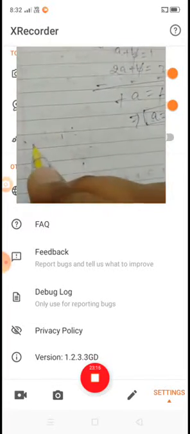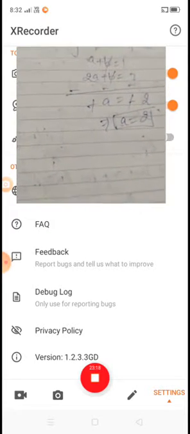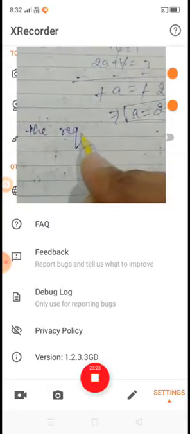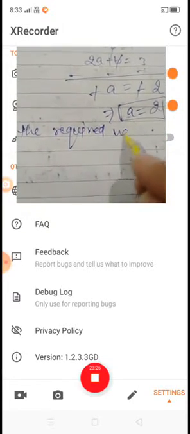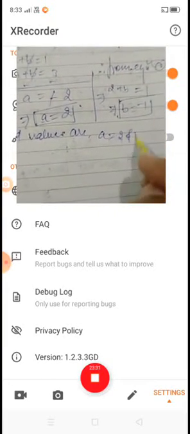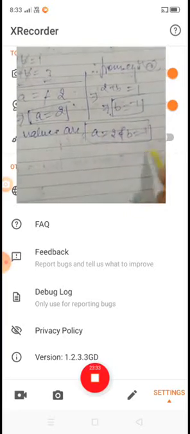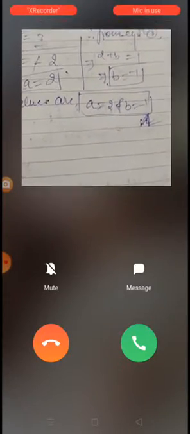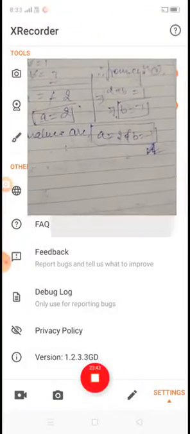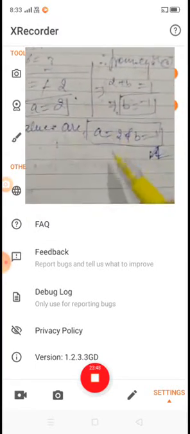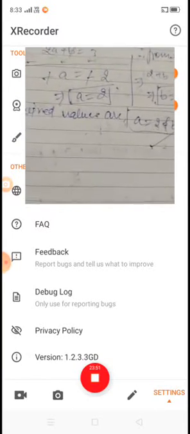So the required values are a is equal to 2 and b is equal to minus 1. This is your answer, okay dear students. So we solve that type of question in this way.